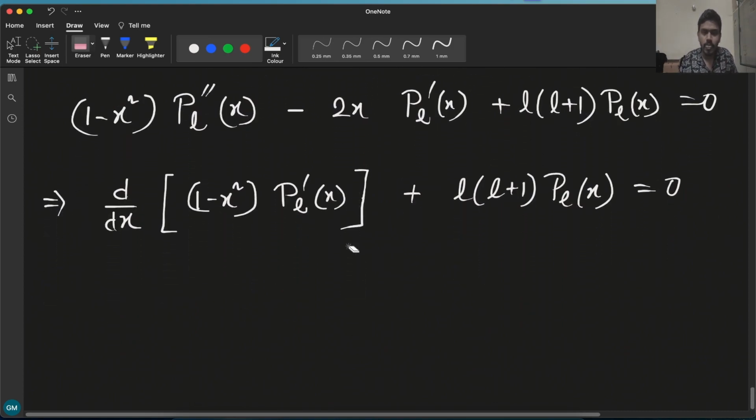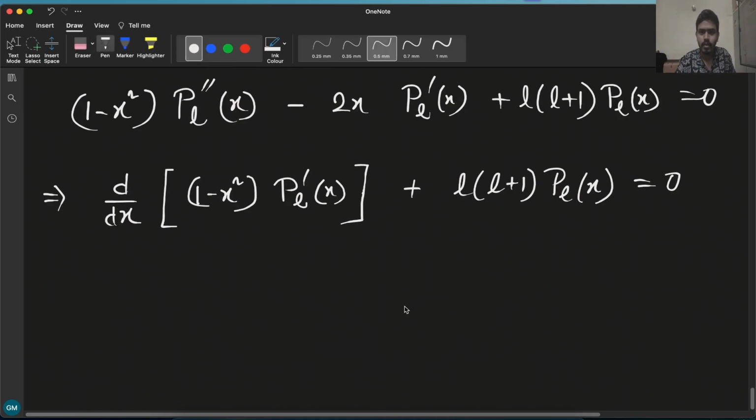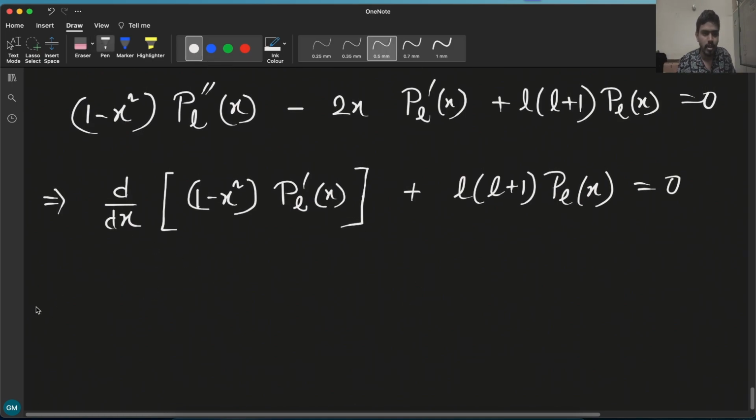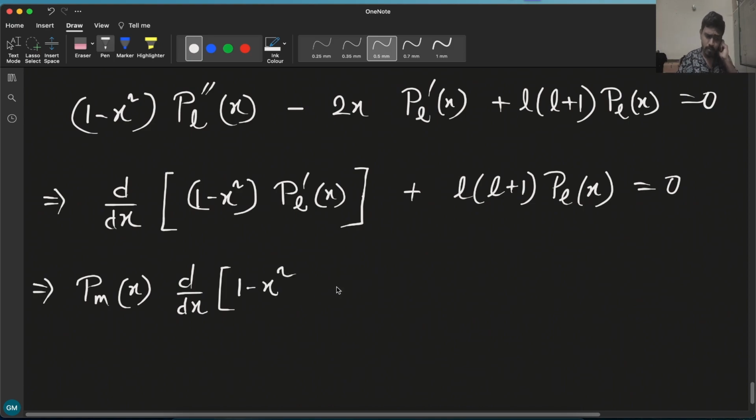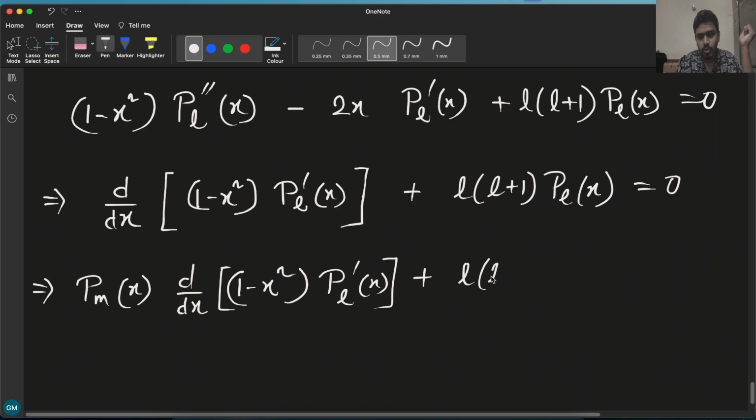Now what we will do is multiply it with P_m(x). So P_m(x) times d/dx of (1 minus x squared) P_l dash(x), plus l into (l plus 1) P_l(x) P_m(x), equals 0.